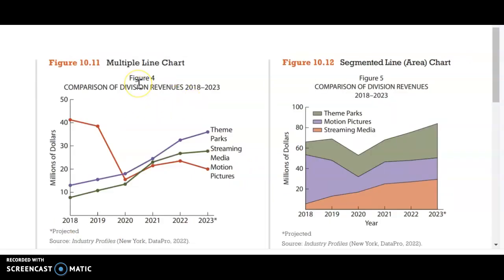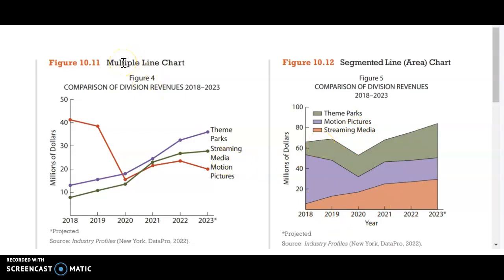Now we're going to look at line charts, and these show changes over time, and you can see trends. If you have multiple line charts, you can compare items such as 2 or more data sets using the same variable. And then you have segmented line charts, or these are called area charts, and they illustrate how the components of a whole change over time.